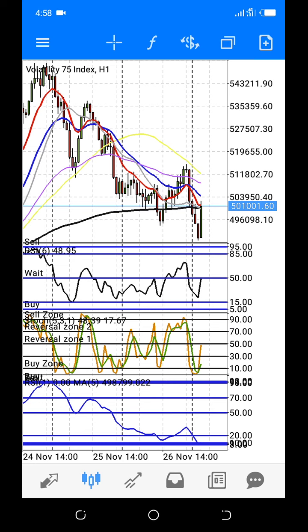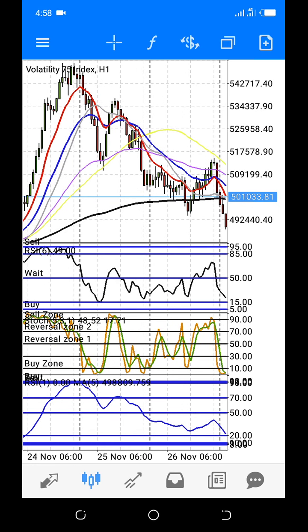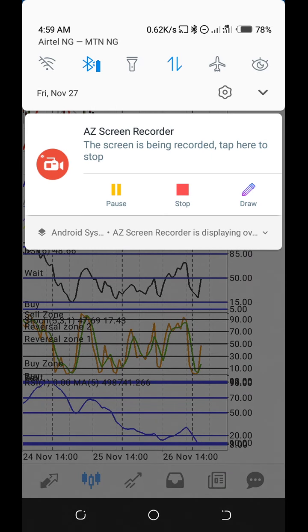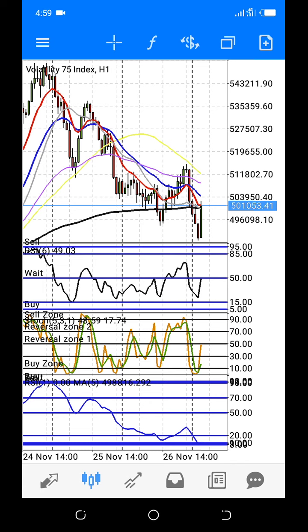And then the application: somebody can have the same setup but not know how to apply it, or may use it differently. So it's very important to take note of that. The setup is important, the interpretation is important, and how you apply it is important.